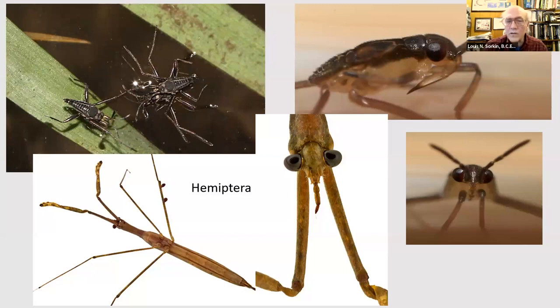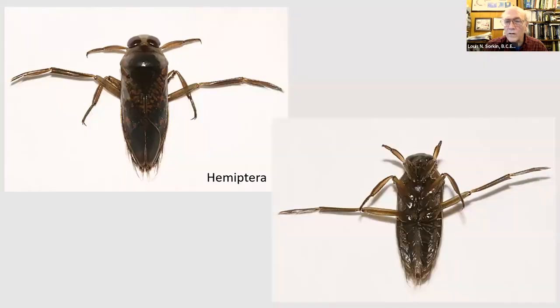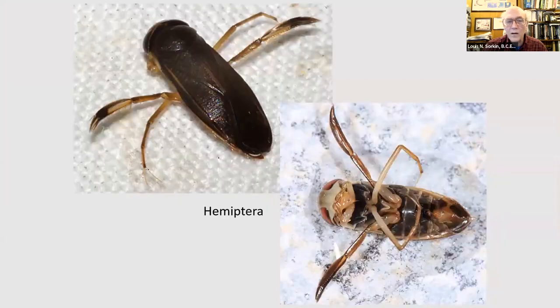Hemiptera, these are the true bugs with a modified beak for putting stylets into the prey item or their host or plant and taking fluids out. These are the aquatic hemipterans here, gerrids and water scorpion. And this is another hemipteran, a backswimmer, and another, a water boatman, which is actually algae feeding in this creature and not predaceous.